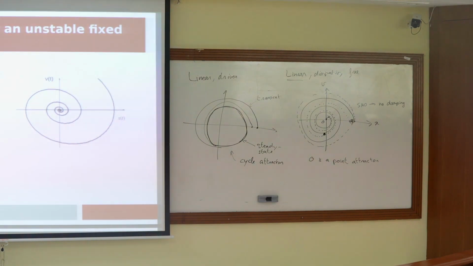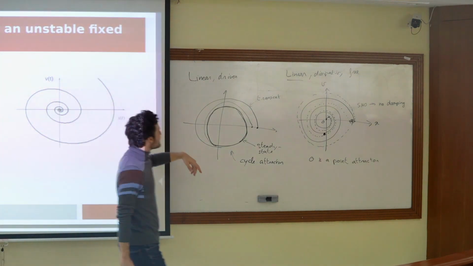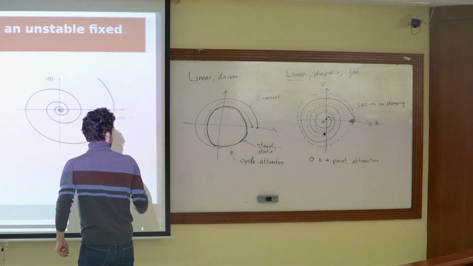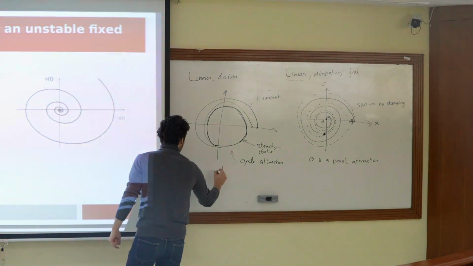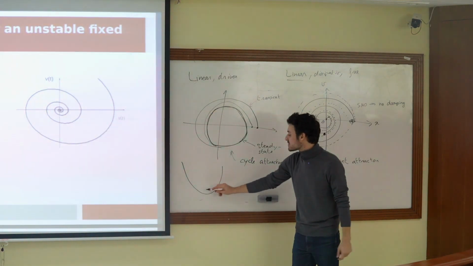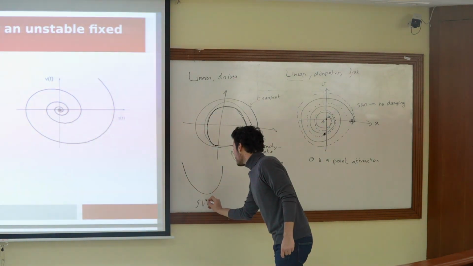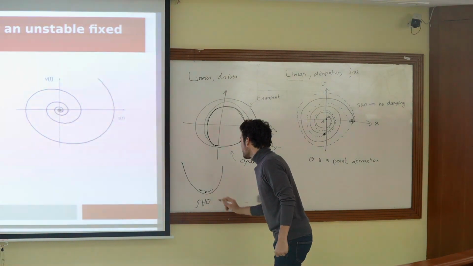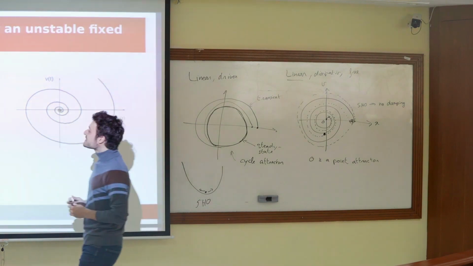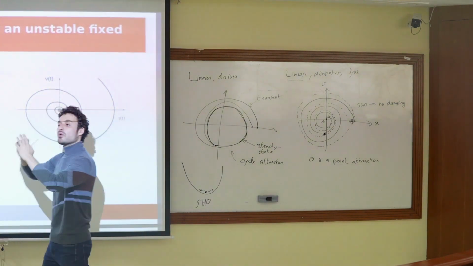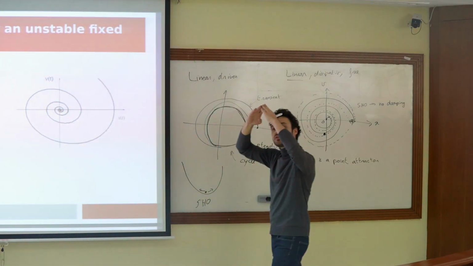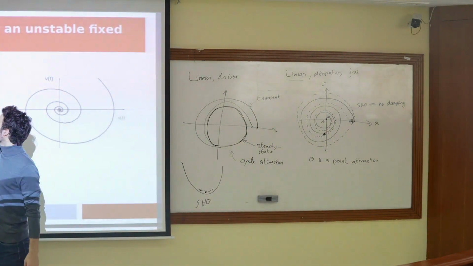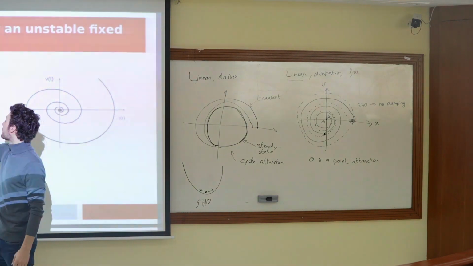Now, let's see what happens when you have an unstable fixed point. So instead of oscillating in a potential that looks like a well, like this, which was the simple harmonic oscillator, where you can imagine you're just moving around here, this time we're moving in an unstable potential, meaning we're no longer at the bottom of a well, we're on the top of a hill. If you're on the top of the hill, then obviously any small deviation, you're actually going to move away.